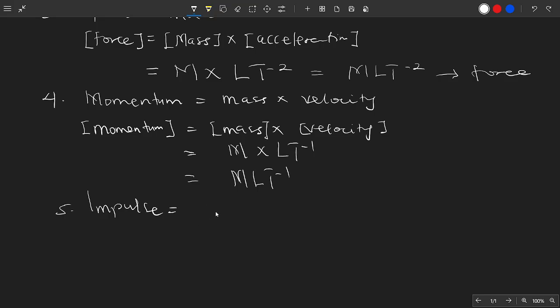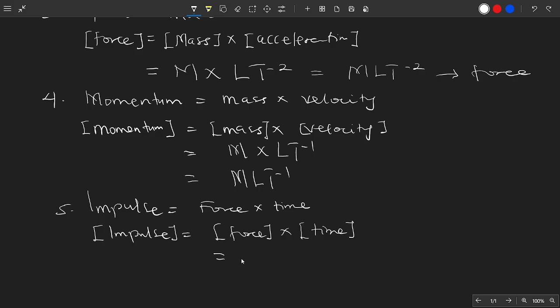So let's see. This is force times time. So it means that the dimension of impulse will be equal to the dimension of force times that of the dimension of what? Time.